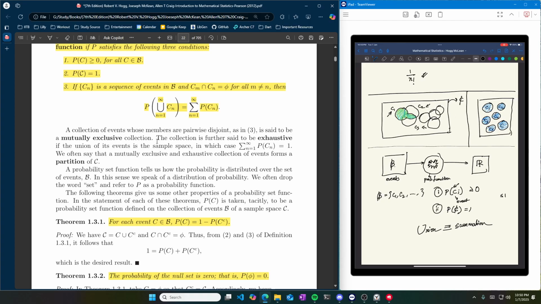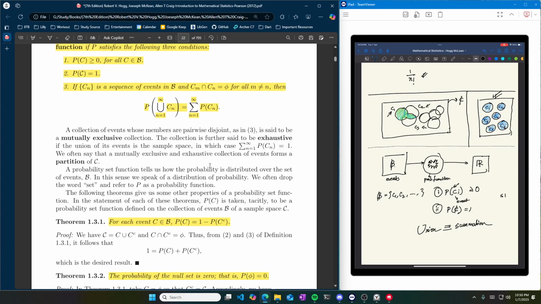The C1, C2, C3, C4, C5, C6. So C1 to C6 are in this case. In this case, it is always going to be mutually exclusive, right? And it is said to be exhaustive if the union of all of its events is the sample space altogether.